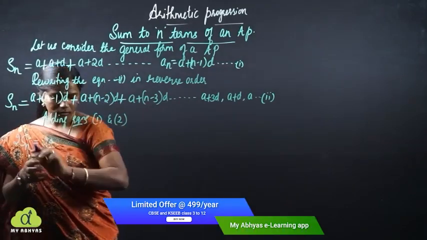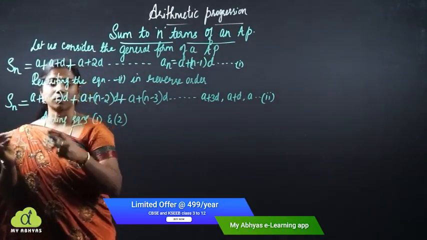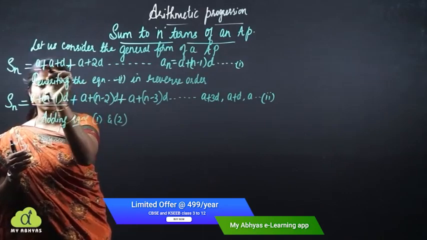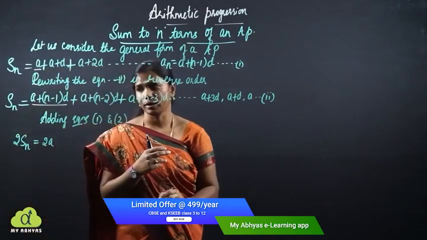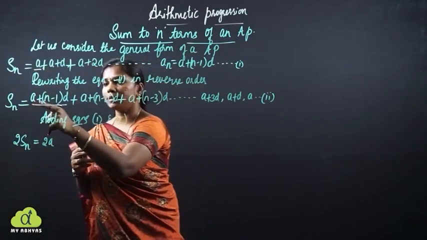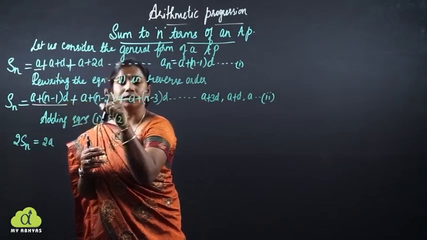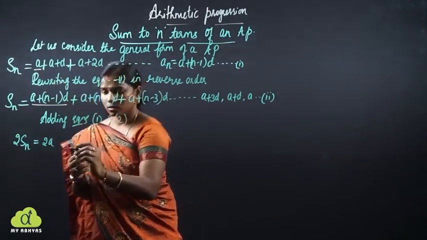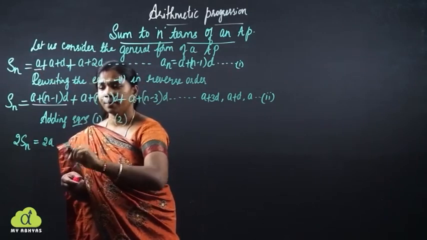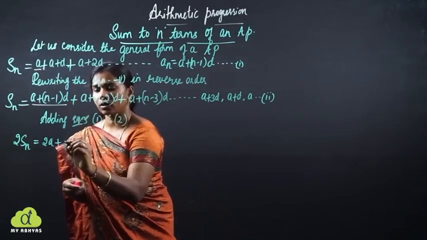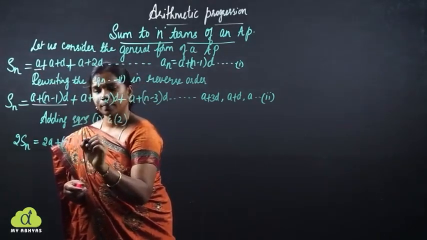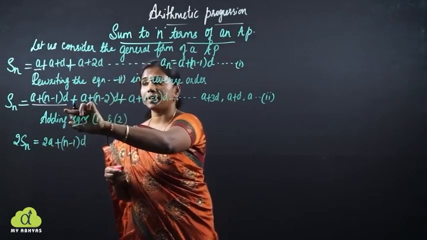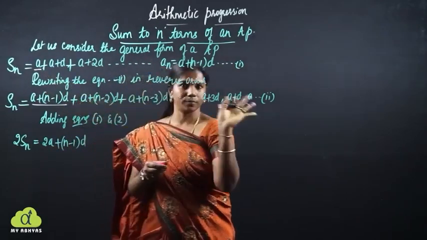Here, you have to take the first term of equation 2 and the first term of equation 1. Look at this, a plus n minus 1 into d plus a. So this becomes 2a plus n minus 1 into d as it is. The addition of the first term and the first term is over.